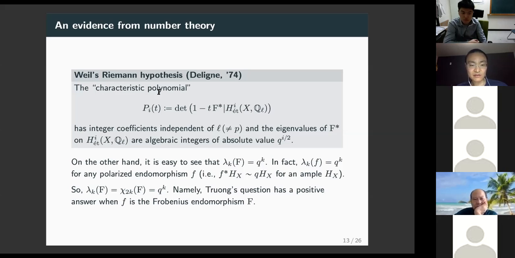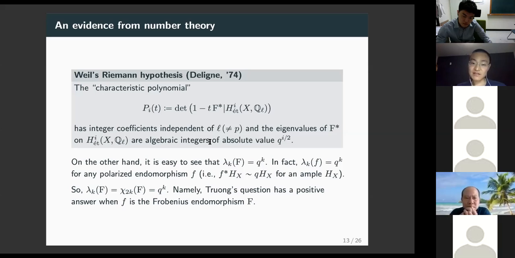The characteristic polynomial has only integer coefficients independent of l, and the eigenvalues of this F star on H^i are algebraic integers of absolute value q to the half i. So all eigenvalues have the same absolute value, q to the half i. So they are algebraic integers.